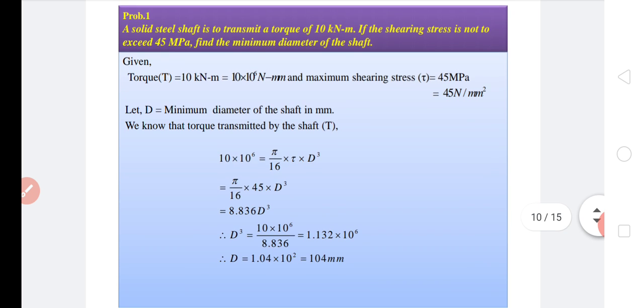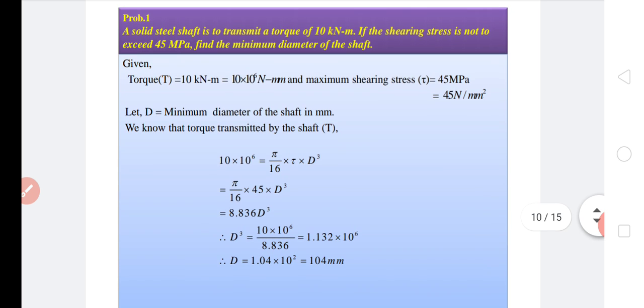There is a problem, problem 1. A solid steel shaft is to transmit a torque of 10 kilonewton meter. If shearing stress is not to exceed 45 MPa, find the minimum diameter of the shaft.